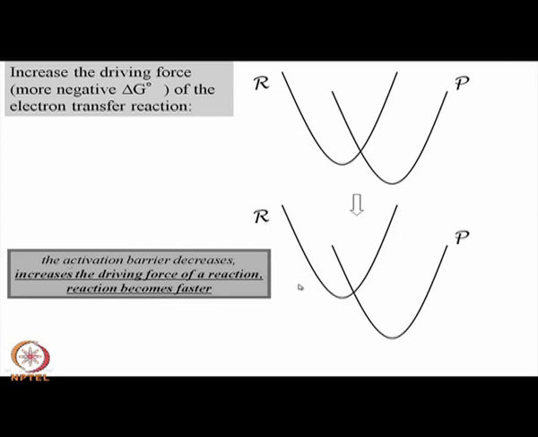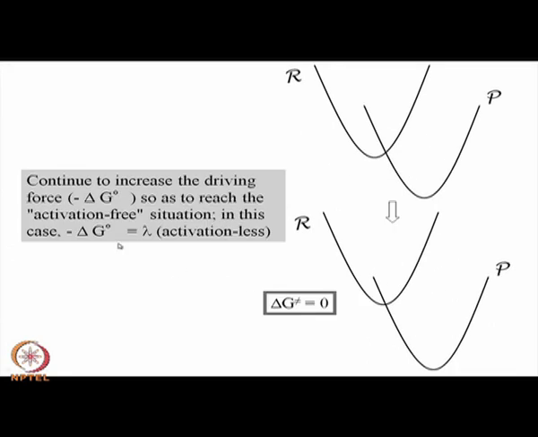If the activation barrier decreases, then the reaction becomes faster. This driving force is very important for the reaction, and the increase of driving force is related to the decrease of the barrier height, and then the reaction becomes faster.